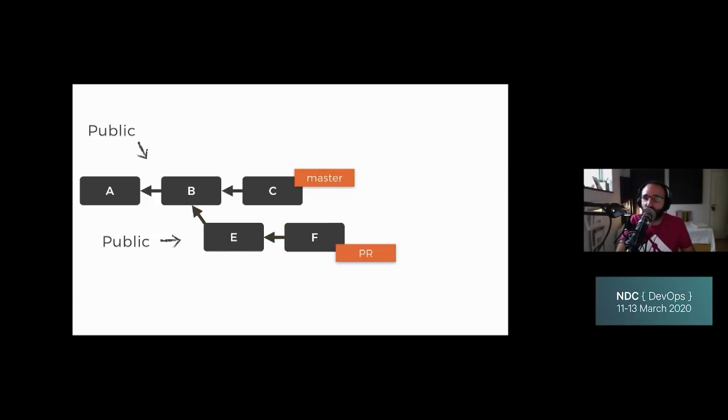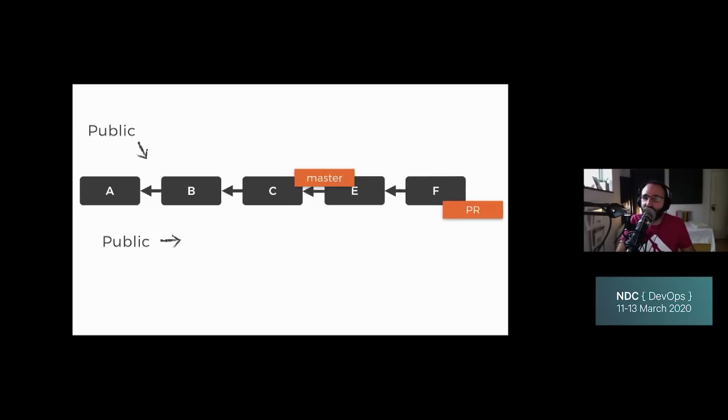This is, of course, much harder if I had rebased my pull request on master, moved the master forward, and then if there is a problem with the pull request, I need to revert every individual commit by itself. Of course, this is especially if you discover it later on when there are more commits happening afterwards, after F in this case, it gets even trickier to revert individual ones and determine which one was problematic.